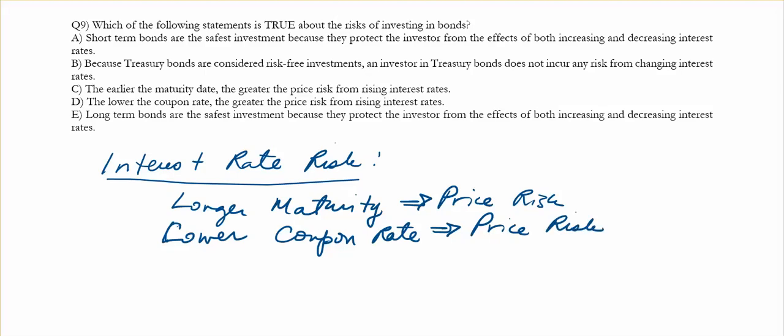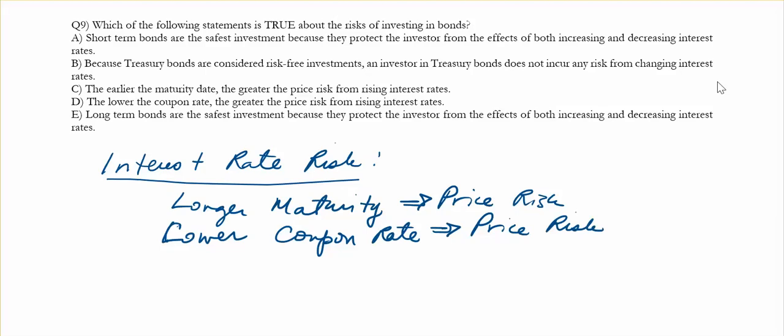The reason is that the lower coupon rate means that more of the bond's value is tied up at par and not in the coupons, which are received sooner than the maturity date. So when interest rates go up, the lower coupon rate bond will go down by more than a higher coupon rate bond because more of the value is tied up with a date that's in the future, which means the discount rate will be raised by a higher power.